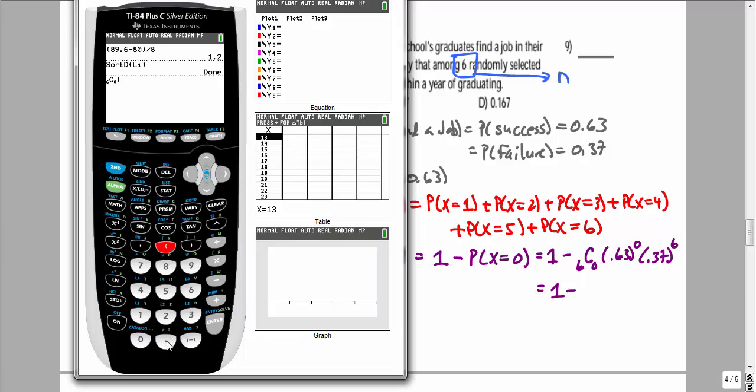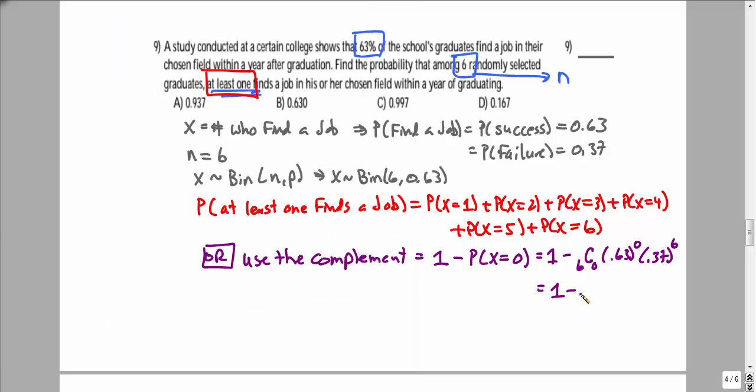And then I have 0.63 to the 0, which is just going to be 1. In fact, 6 choose 0 is also just 1. But I want to show all the steps here. And then I'll have 0.37 to the 6th. Enter. So I have 1 minus 0.0025657, and let's go ahead and subtract.